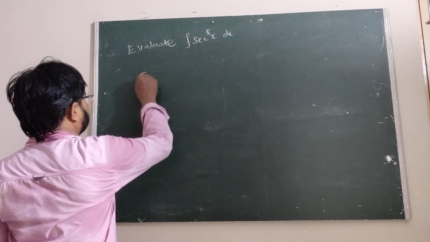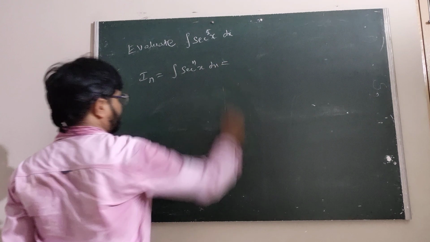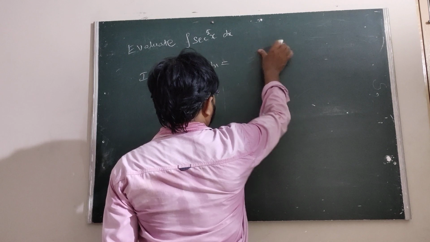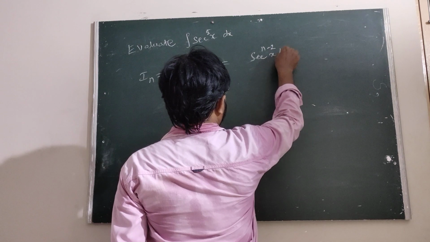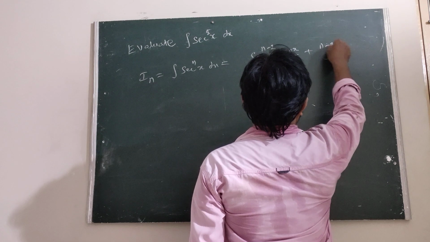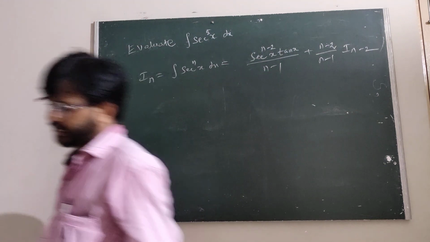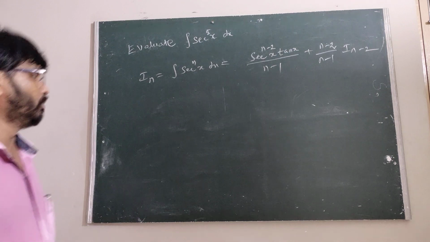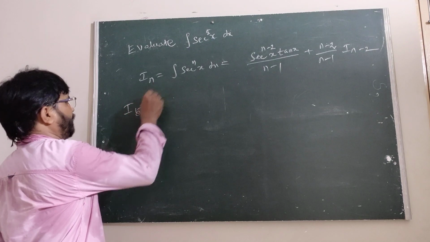We know that I n, the integral secant power n x into dx, is, just now we completed, secant power n minus 2 x into tan x upon n minus 1 plus n minus 2 upon n minus 1 into I n minus 2. Now we find I 5.